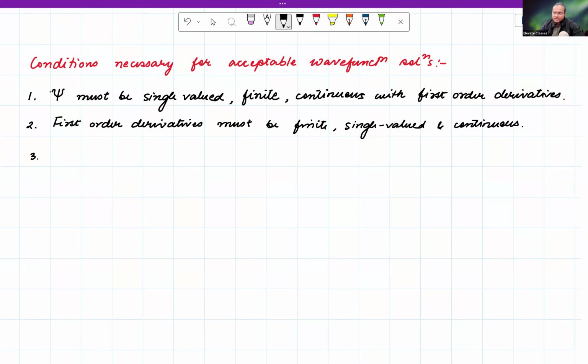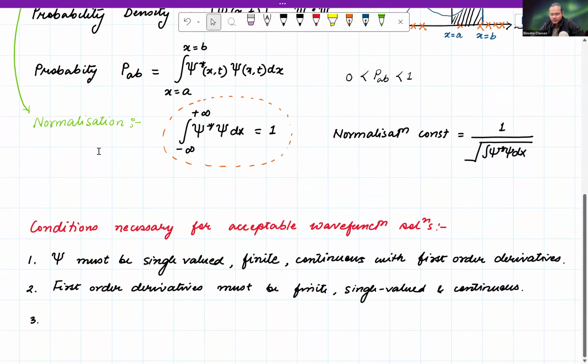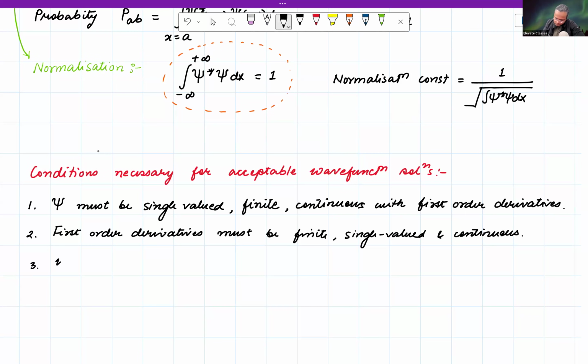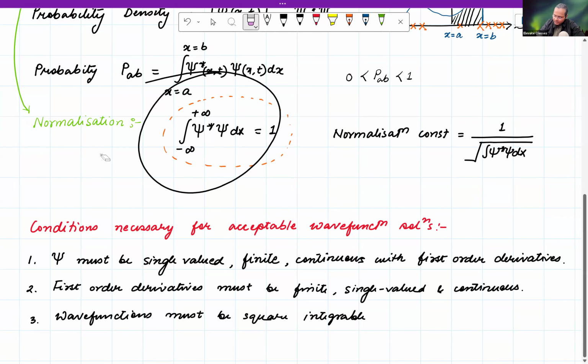And of course, the wave functions must be square integrable so that we can normalize them. Square integrable means, if you look at this particular expression, here we are doing an integration of the mod square of the wave function.